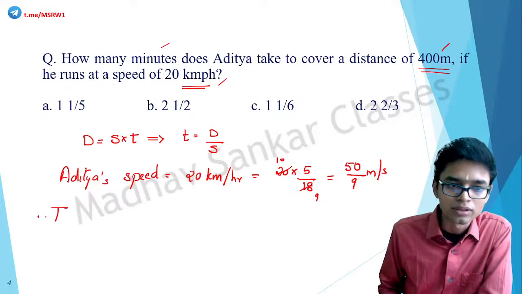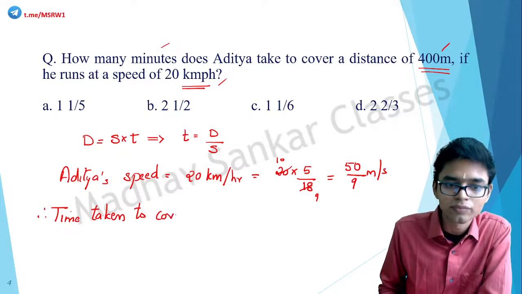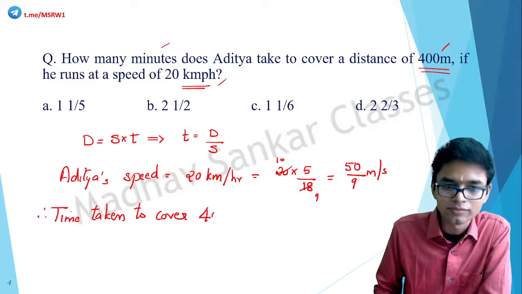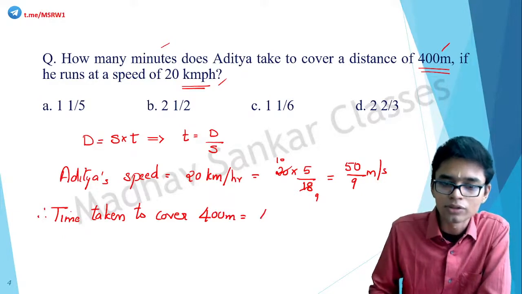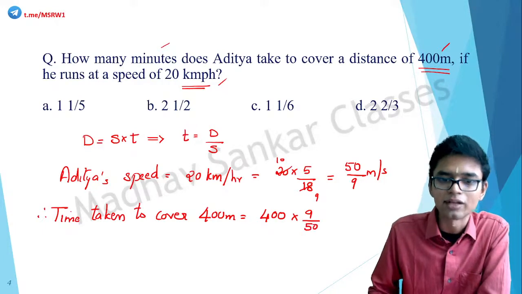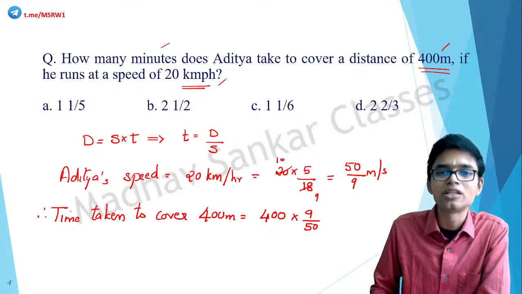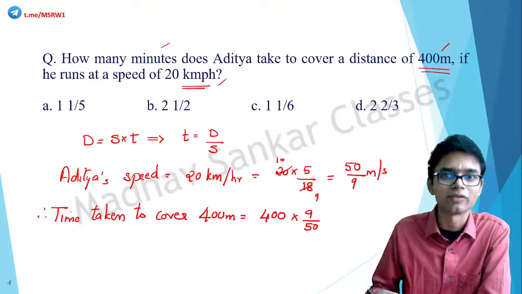Therefore, time taken to cover 400 meters is equal to 400 into 9 by 50. How did I do this? This formula, time is equal to distance by speed. So 400 divided by 50 by 9, that is 400 into 9 by 50.